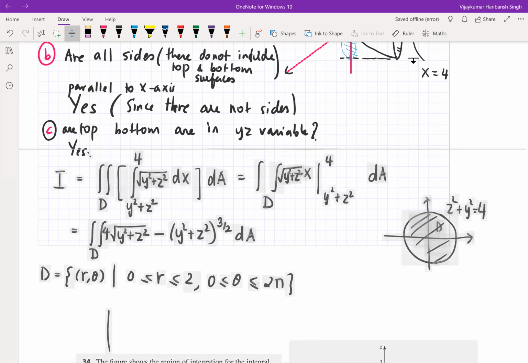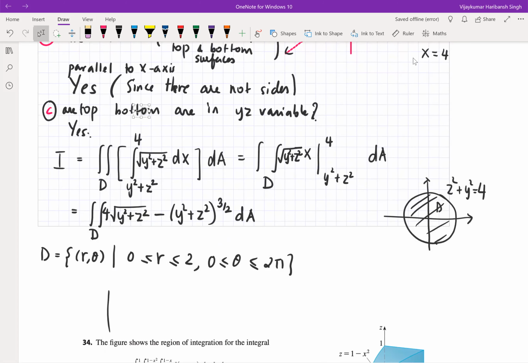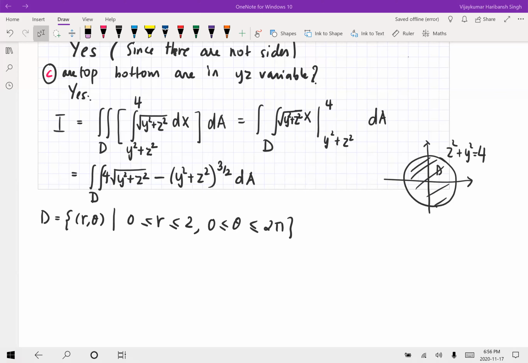So the integral I becomes, it's a polar rectangle, so you have 0 to 2 for r, theta goes from 0 to 2 pi, 4 times r minus r squared to the power 3 by 2, which is going to be r cubed. Then we have r dr d theta, right?